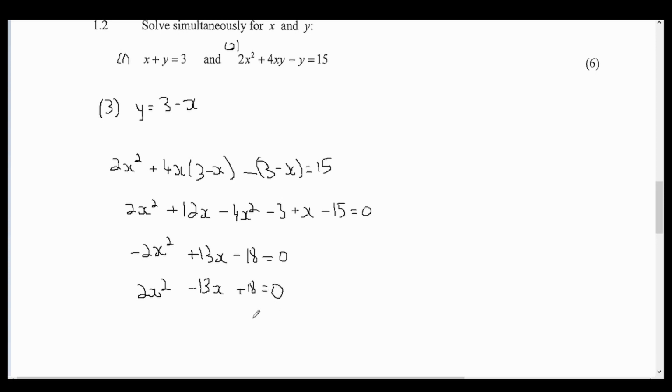Then we factorize. We have the 2x now, so one will be 2x and the other one will be x. We're working with 18 here, so we have 1 and 18.